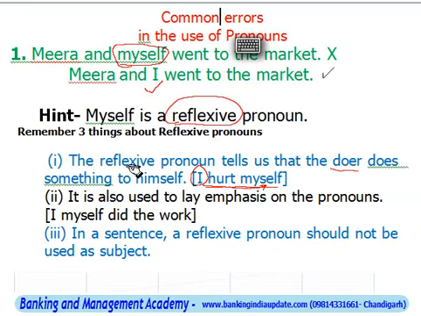Second, reflexive pronoun is used to lay emphasis on the pronouns. Like in the example, I myself did the work. In the given sentence, where Meera is a subject and I is also a subject, the usage of myself will be incorrect.